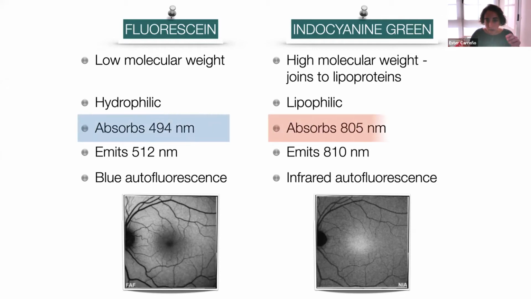Fluorescein angiography also absorbs light in the blue spectrum versus ICG in the red spectrum. So it means that when we do blue autofluorescence, we are using the same thing as we used to do fluorescein, and we are using infrared autofluorescence to see the ICG dye.